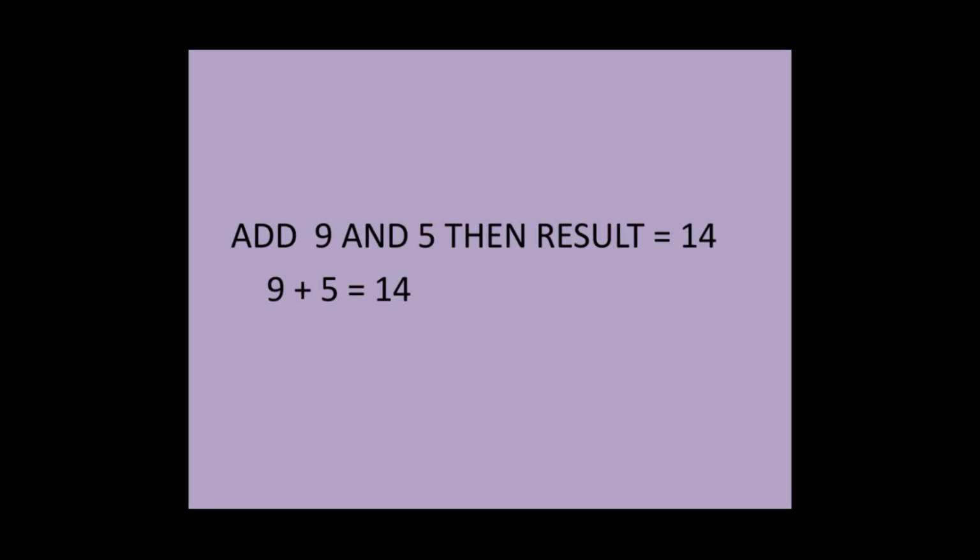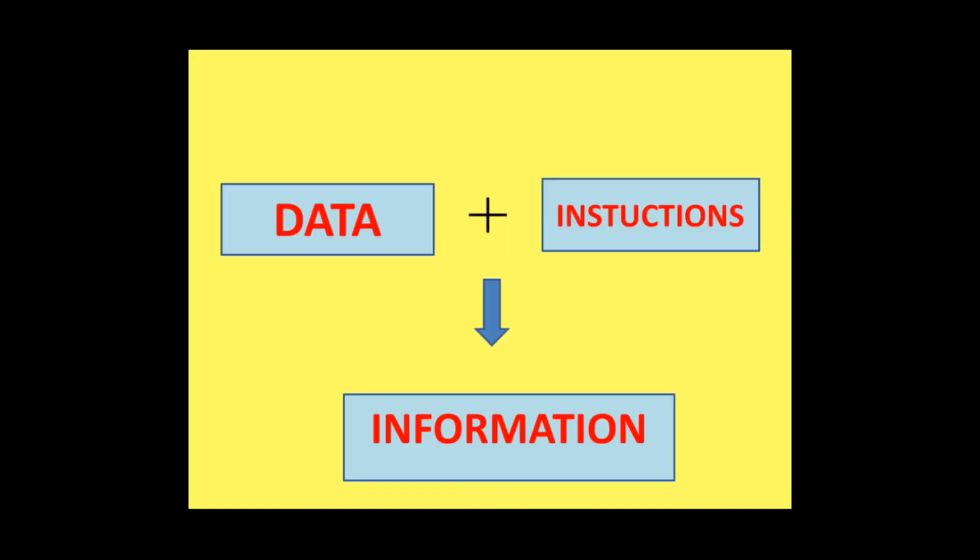Data becomes meaningful only when you give instructions, that is, when you give commands to the computer. Data does not have any meaning, but when you add instructions to data, it becomes meaningful, and this meaningful data is called as information.